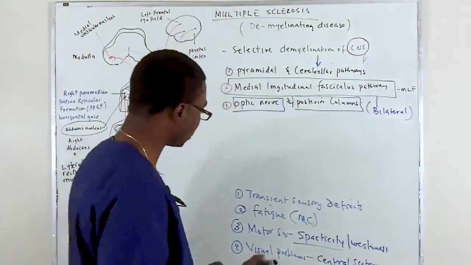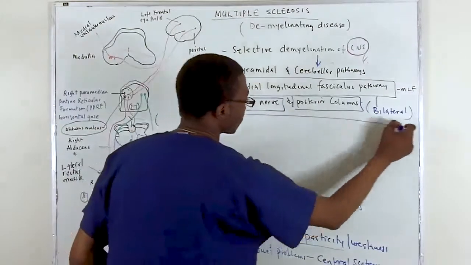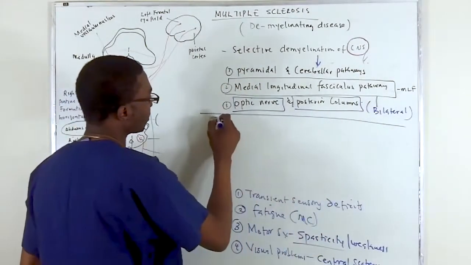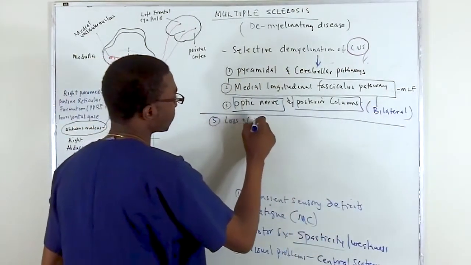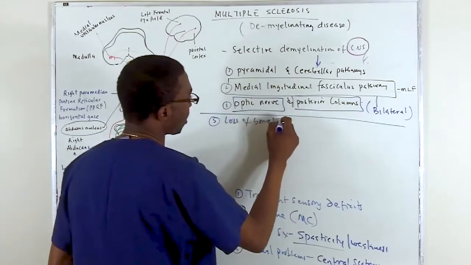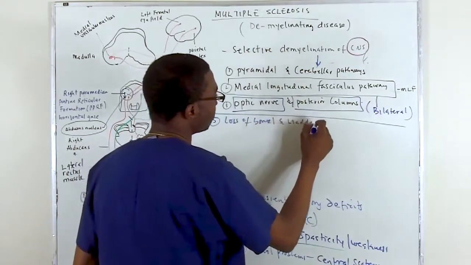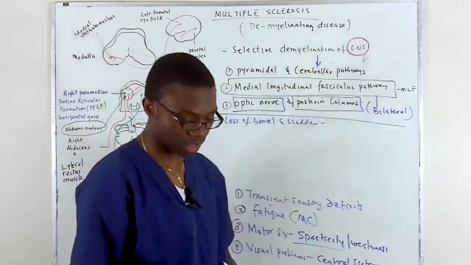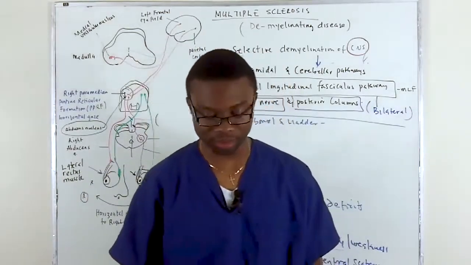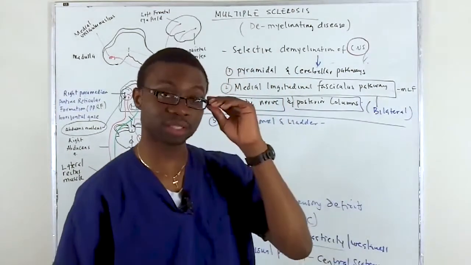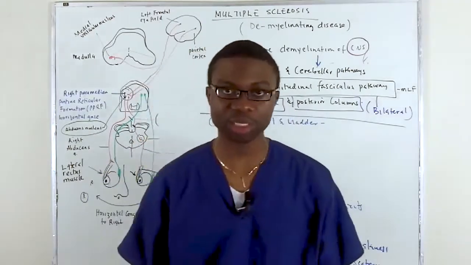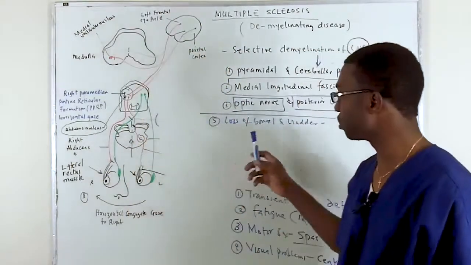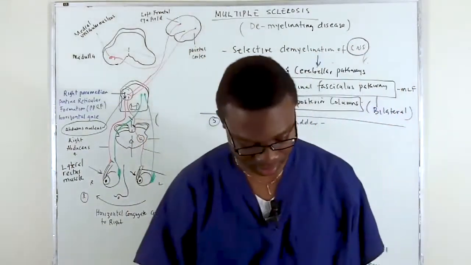Loss of bowel and bladder, for number 5 here, which means they can't hold their bowels, they poop on themselves, or they can also urinate on themselves, because you damage the motor control center in the brain for the bowel and the bladder.